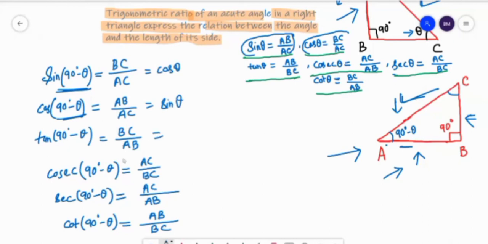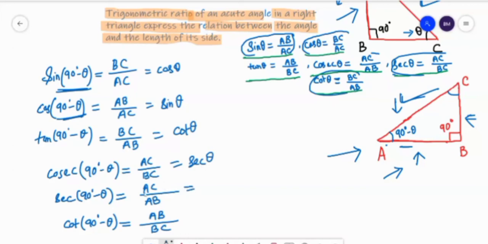Now BC by AB, with respect to theta, is cot theta. So tan of 90 degree minus theta is cot theta. Now AC by BC, with respect to theta, is sec theta. So cosec of 90 degree minus theta is sec theta.